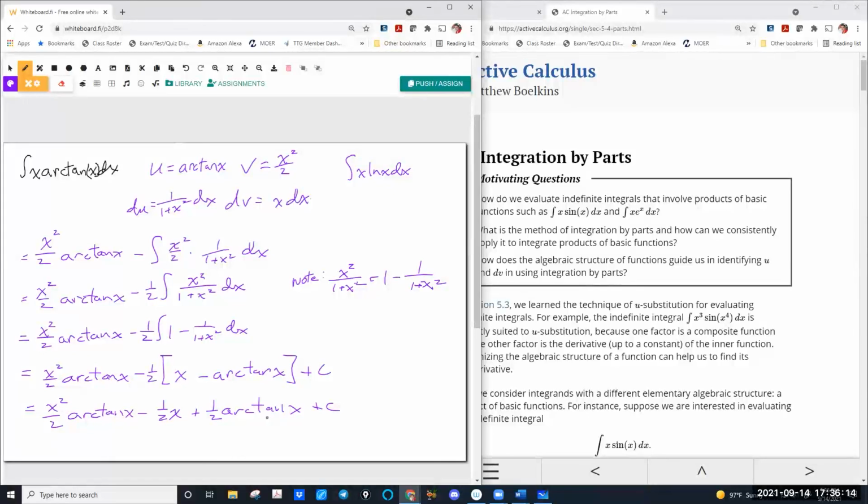It's got 2 arctans in it, but it is the antiderivative of this guy. Remember, that's what we're doing in this first module, we're seeing how many functions we can possibly find the antiderivative of by hand. You know, wait till next section 5.5. We get some messy antiderivatives, but we can find those antiderivatives.